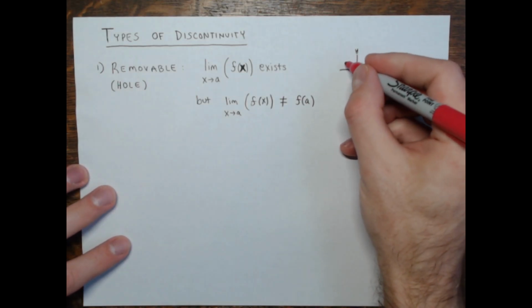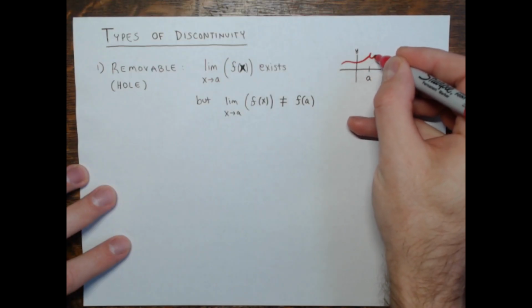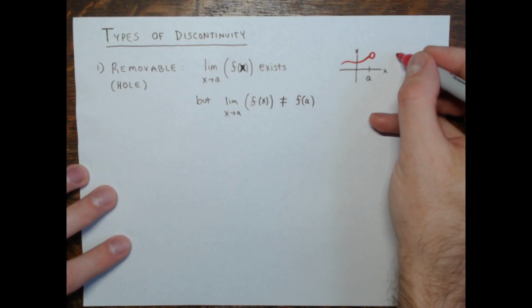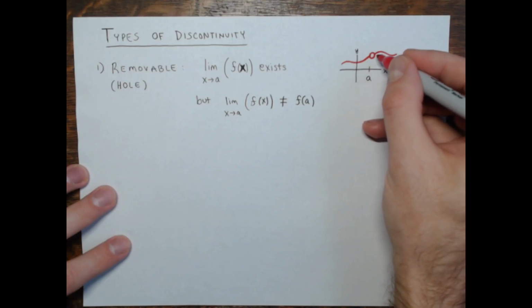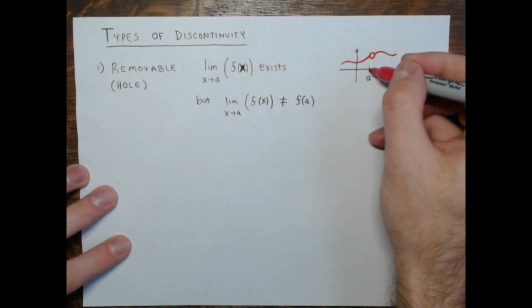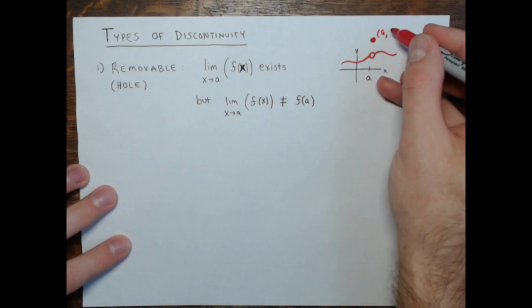So the two-sided limit exists, meaning that from the left of a, some location, I'll make an open point there, that location is approached. From the right side, the same location is approached, but then the value of f at a is maybe some other value. Maybe the point's up here. Here's a comma f of a.